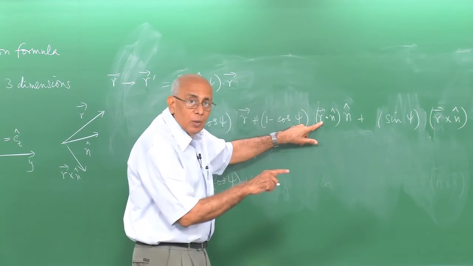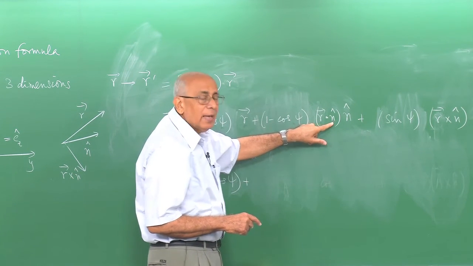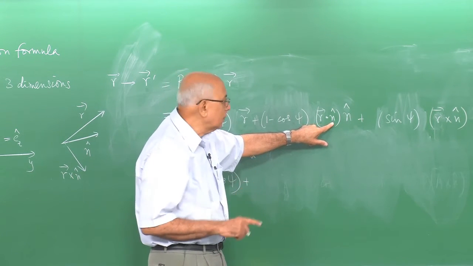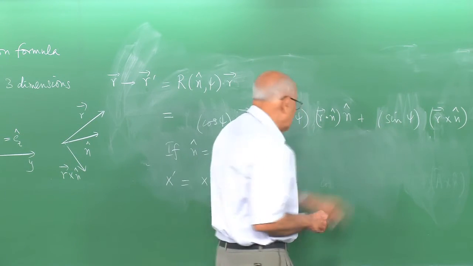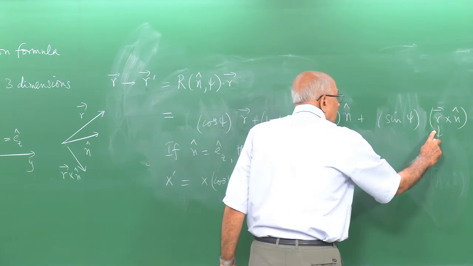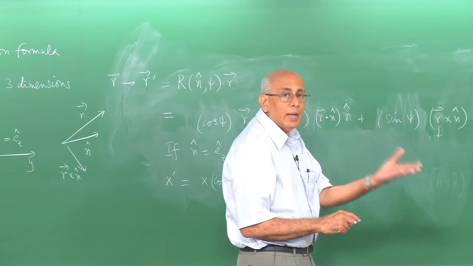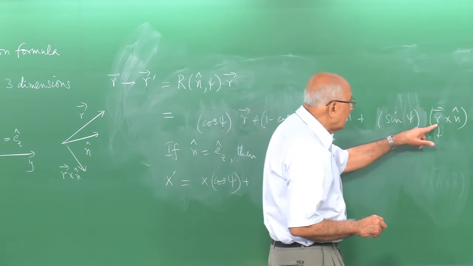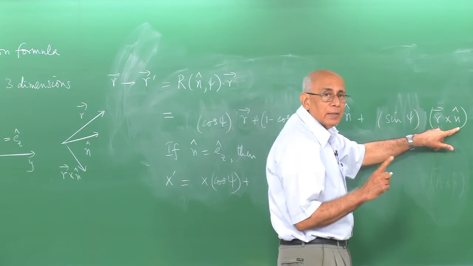Now we are looking at the x component, so this is proportional to ex dotted with n, ex dot ez is 0, plus sine psi, and then you're looking at the x component, ex crossed with ez goes to ey with a minus sign. On the other hand, ey crossed with ez is going to give you ex.